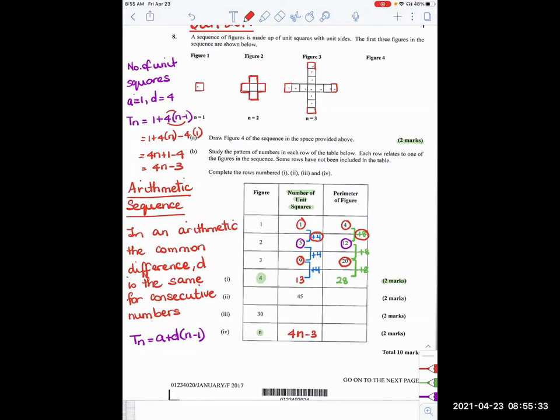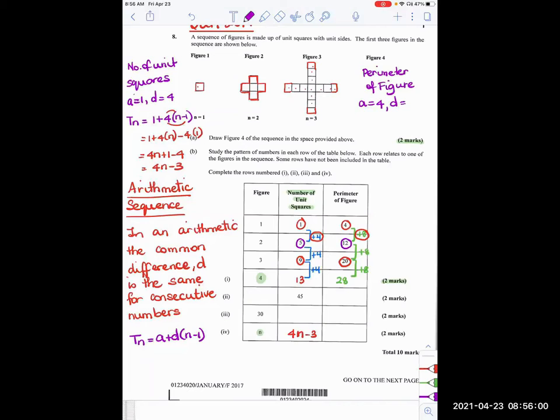So I did it for number of unit squares. You are going to do it for the perimeter. Malik, what is the first term in the perimeter? What is the first value? 4. So A is 4. Jody, what is the common difference? Common difference in the perimeter of the figure.